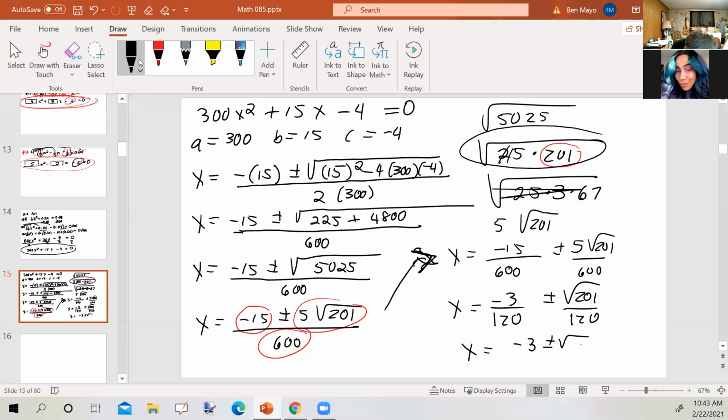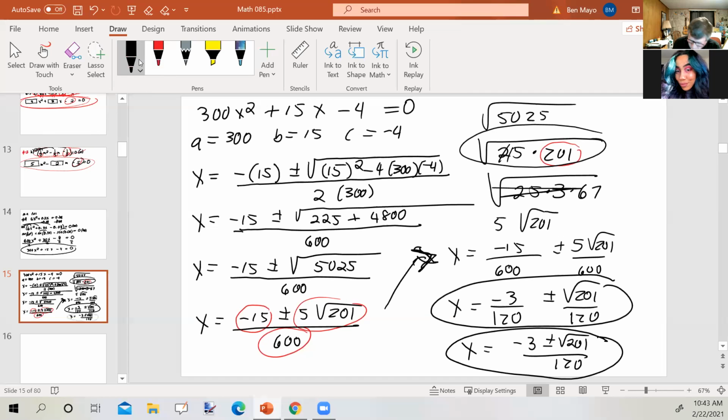There we go. 201 over 120. So this is a correct answer. This is more in line with what they tend to do, putting it all as a single fraction.